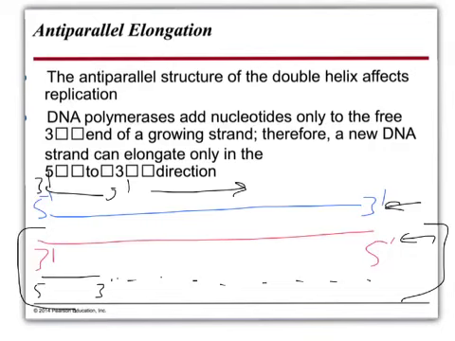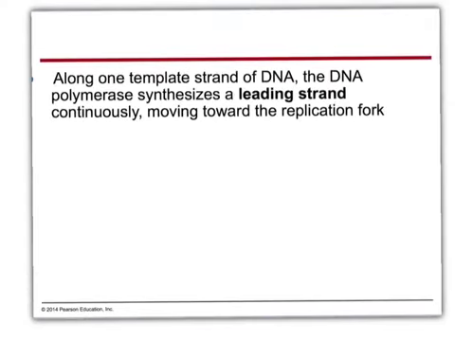So what does that mean for the other strand? It happens in sort of steps, and that's what's called the lagging strand. And we'll go through that. So along one template strand, the DNA polymerase synthesizes in a 5' to 3' direction continuously, which we call processive, meaning it can add nucleotides continuously, always moving toward the replication fork.